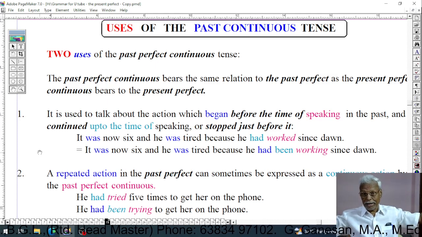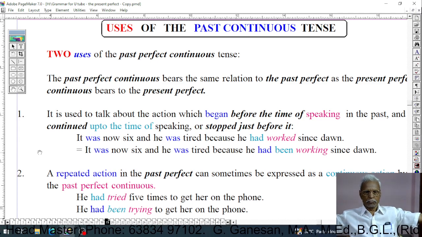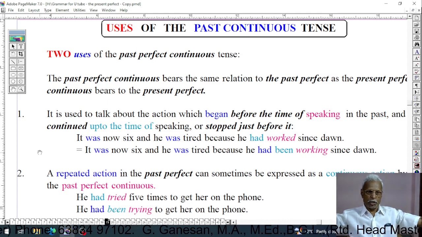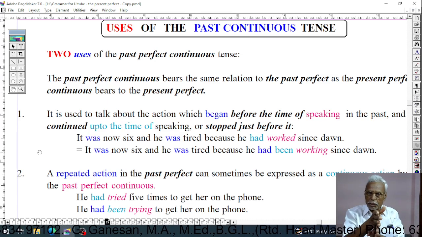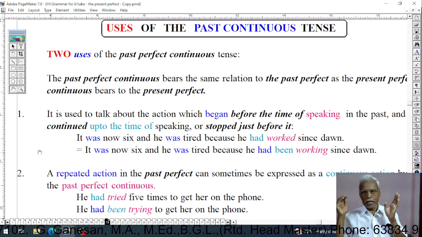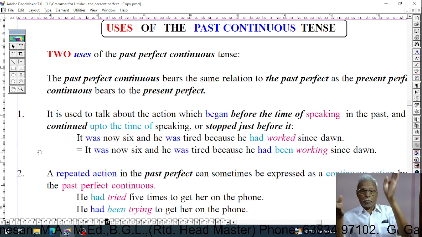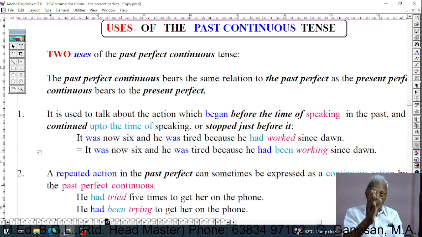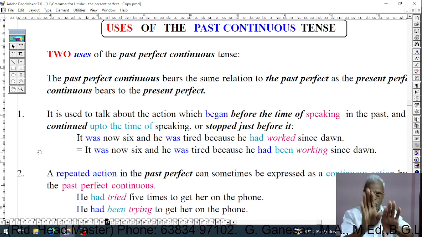The duration of that action should have been for some time. The duration should be long or short, but some duration of time. At the time of speaking, it should have terminated. The action may have been going on for a long time, but at the time of speaking, it should have stopped.